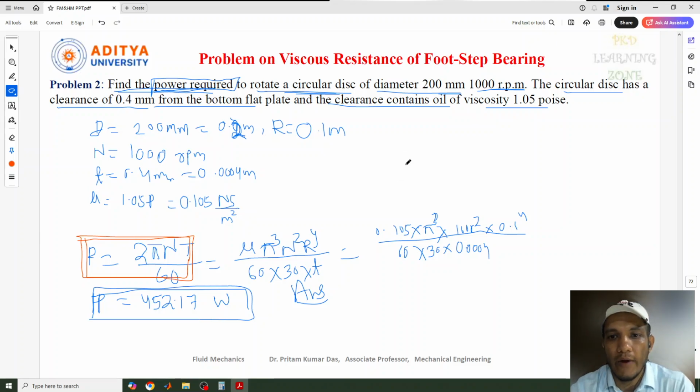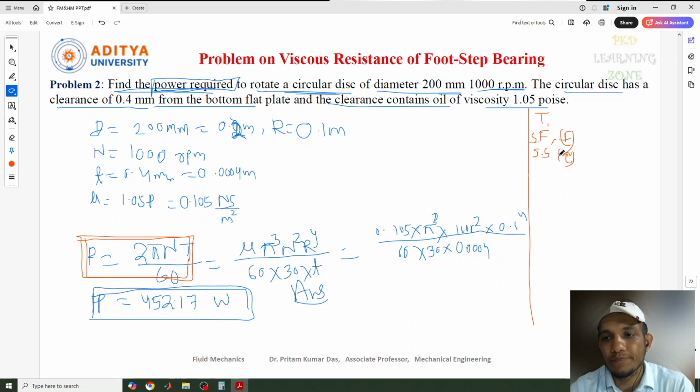Let me tell the steps here. This is the power formula. Here the torque is there. To find out the torque, we require the force, the shear force required. To find out the shear force, we need to go for shear stress, using the formula of shear stress.